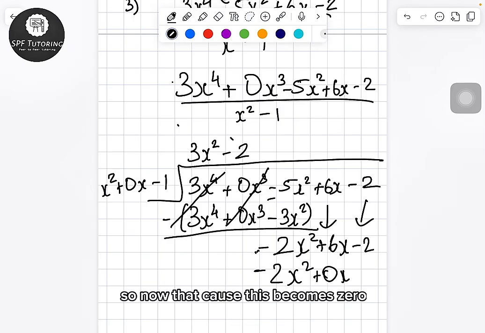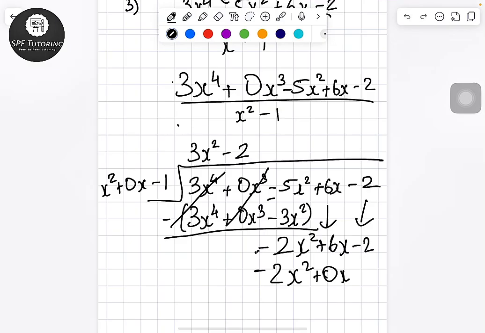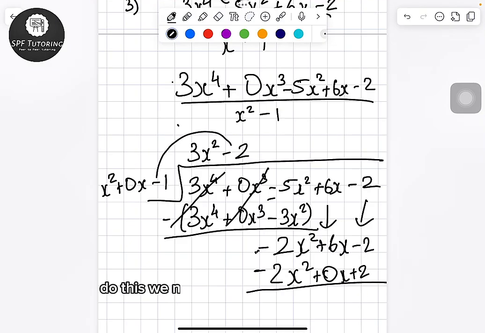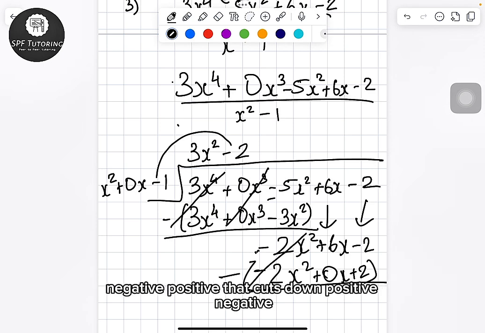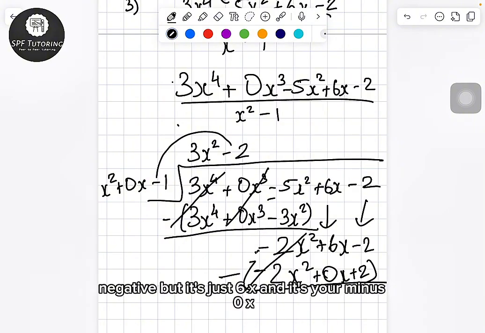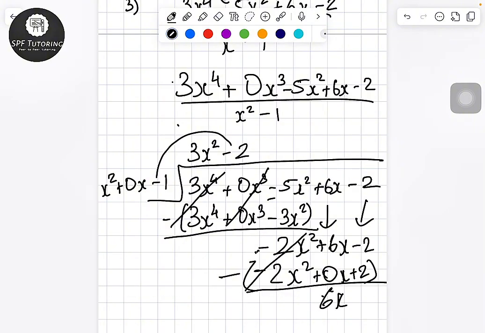So now this becomes 0, and then negative times negative, this is positive 2. We never forget about our negative. Negative, positive, that cuts down. Positive, negative, but it's just 6x, and 0 minus 0x is just 6x. And this becomes negative 2, minus negative 2 is negative 4.